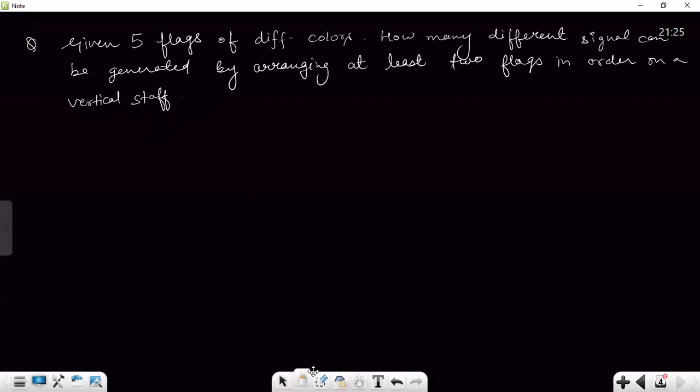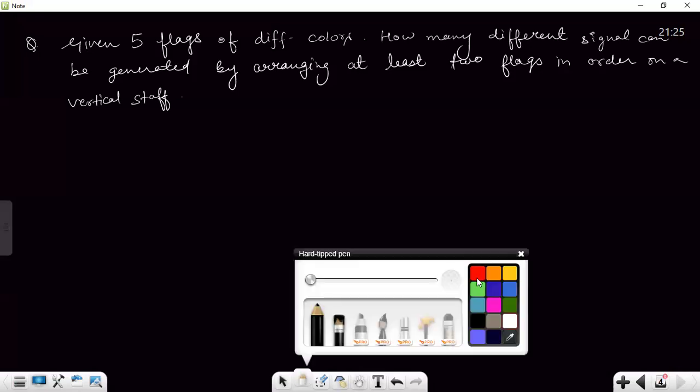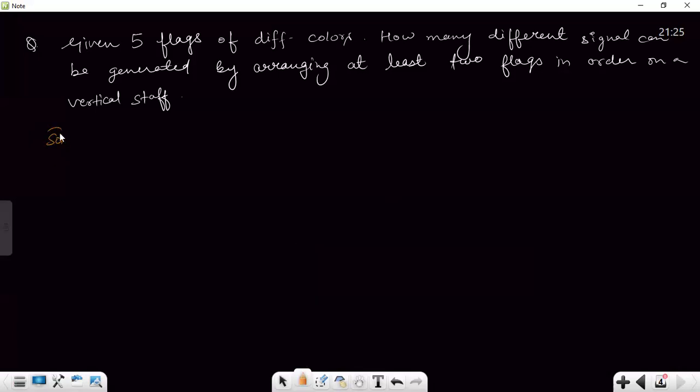So this is what is given to us. Let's solve the question. The given is that there are 5 flags of different colors. Let's say there's a red flag, a green flag, a blue flag, a yellow flag, and an orange flag.